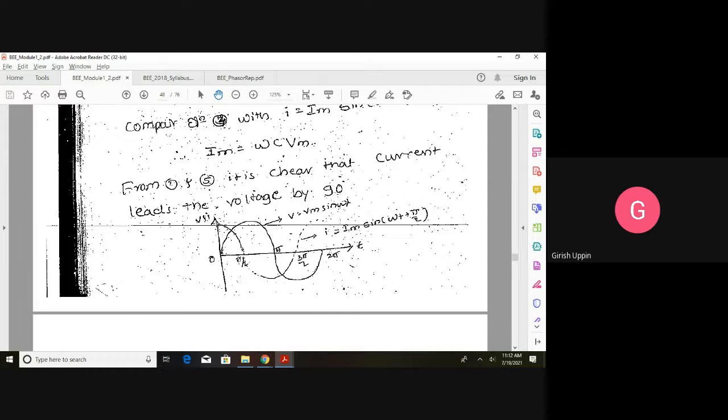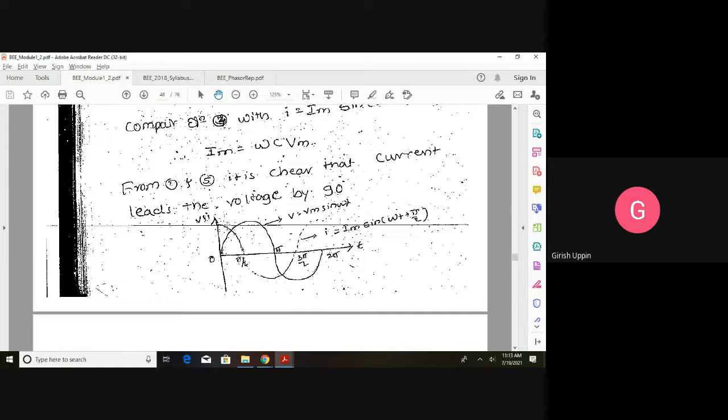The current will start decreasing as the voltage starts increasing, because the capacitor will start getting charged in the opposite direction. When the voltage reaches its maximum value, the current becomes 0. So the current will start here. If you want to understand how it is starting before by π/2, just put a dotted line here, and this angle will come as π/2.